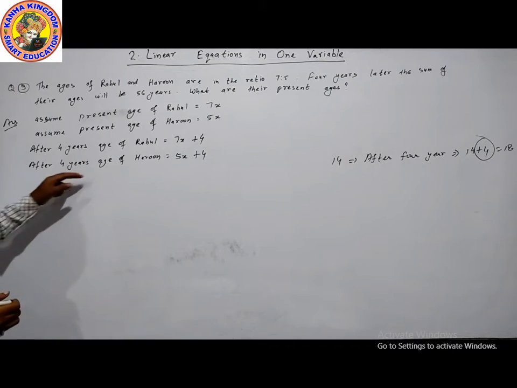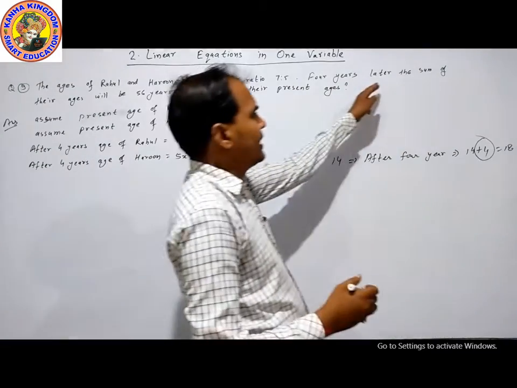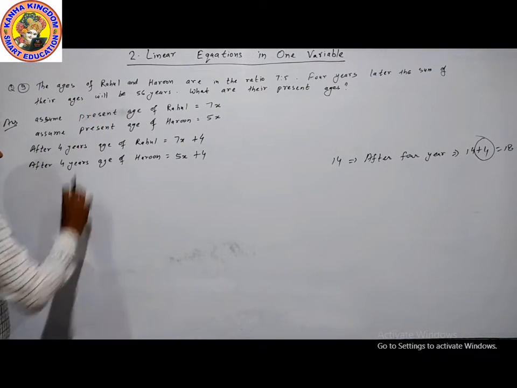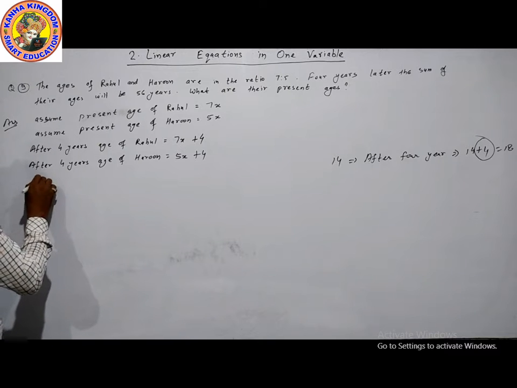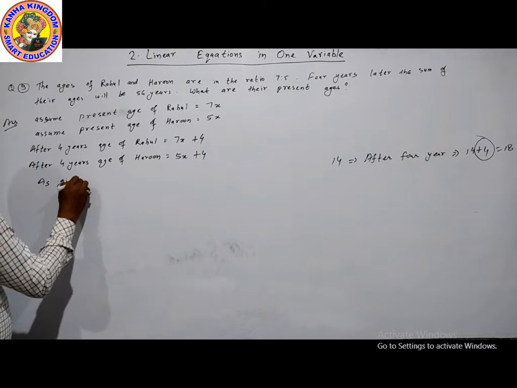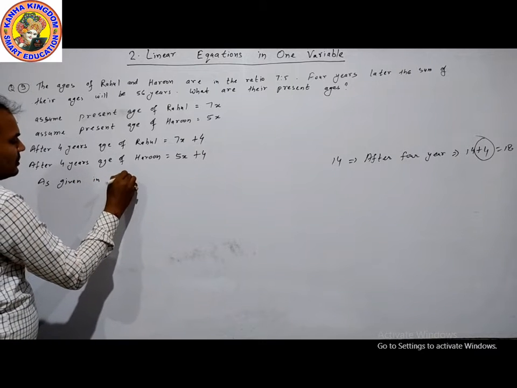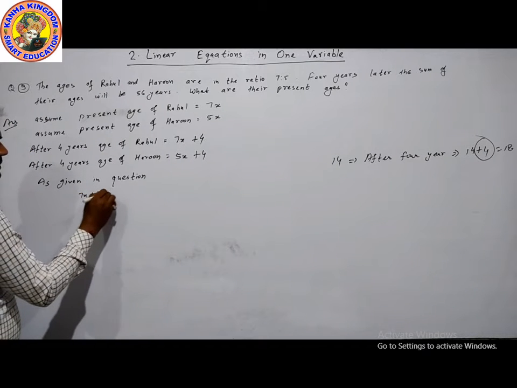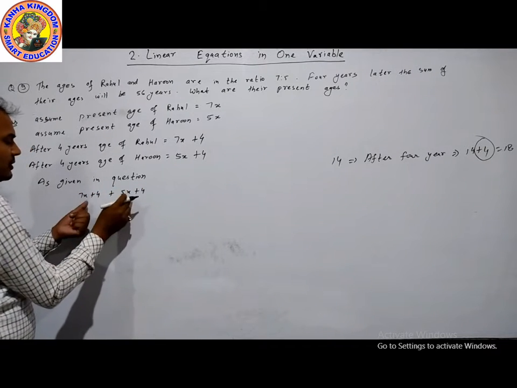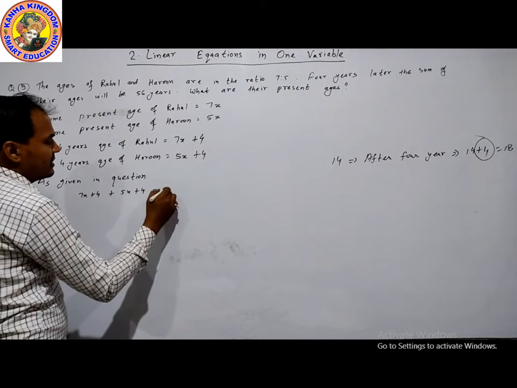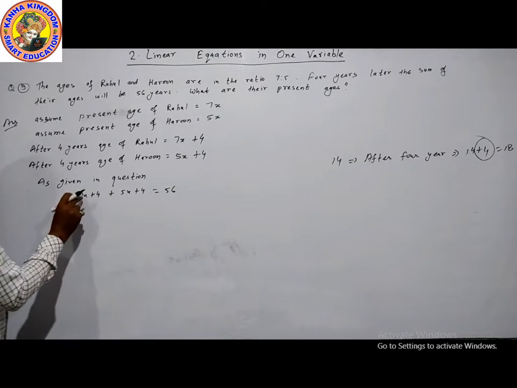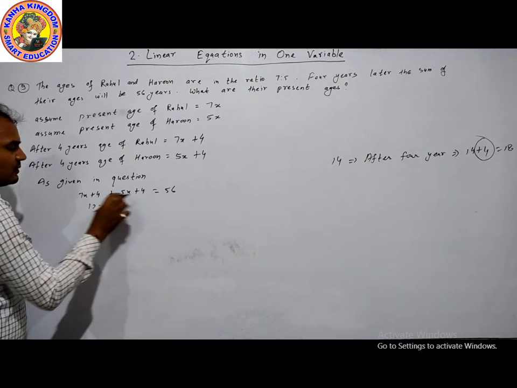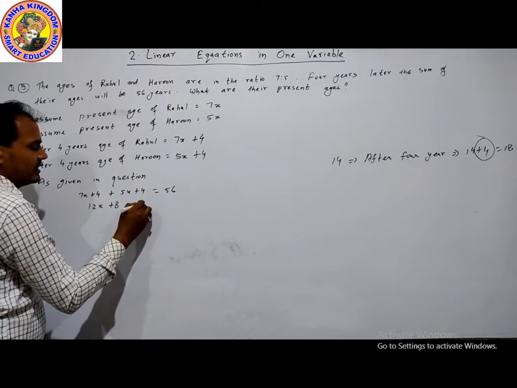These are the ages after 4 years. 4 years later, the sum of their ages will be 56. So 7x plus 4 plus 5x plus 4 is 56. 7x plus 5x is 12x, 4 plus 4 is 8, equal to 56.